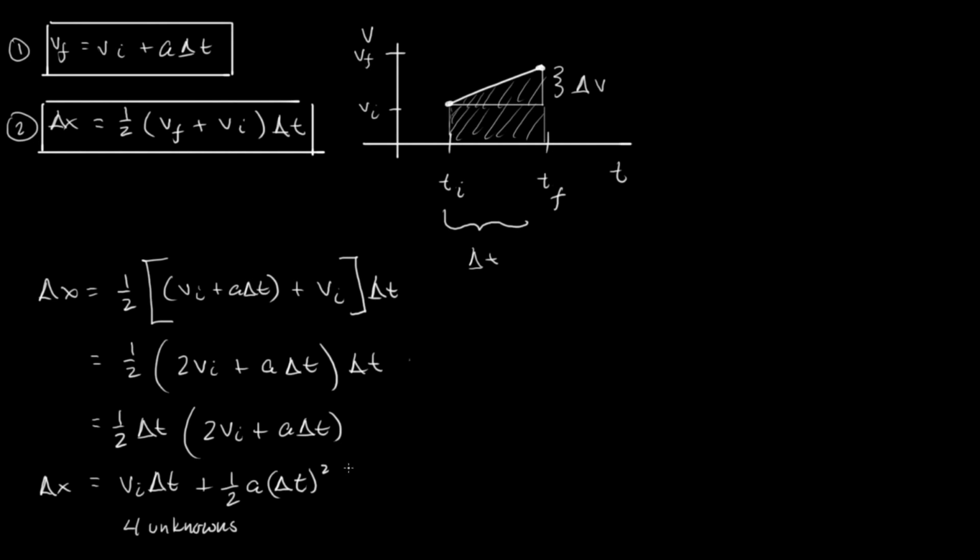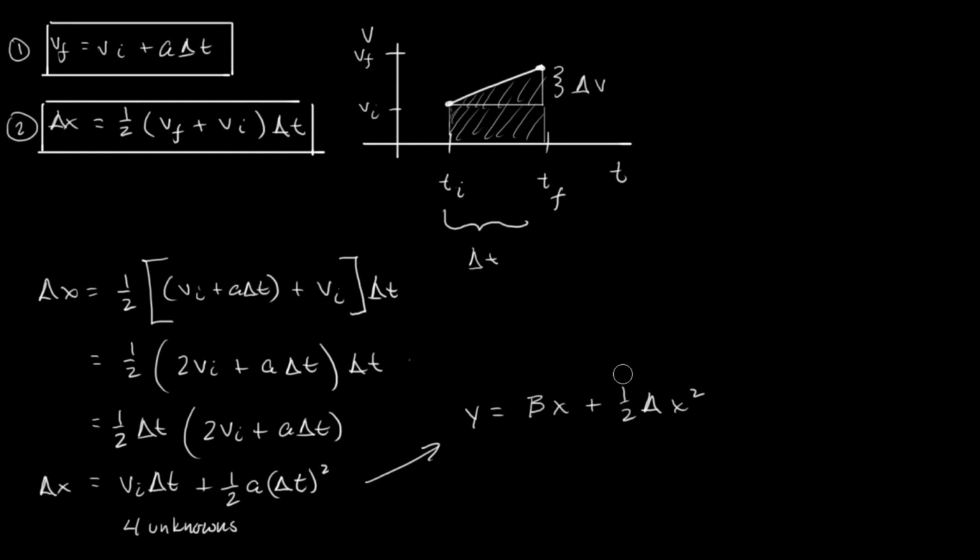So if you've taken calculus, you might recognize this. Think of it like y is equal to... this v sub i would be like a b, right? This delta t would be like an x, and the 1/2 a would be like 1/2 a, and this delta t would be like an x squared.